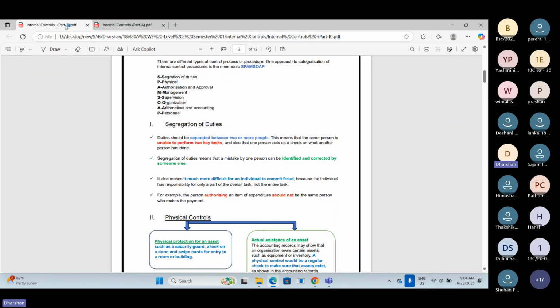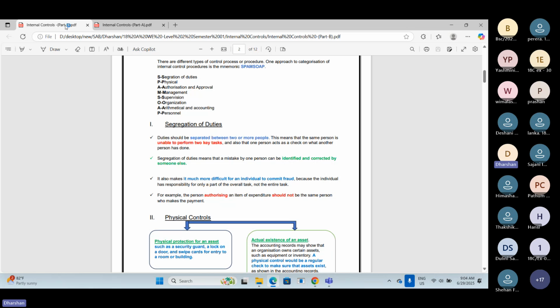So segregation of duties is there. Whichever internal control process you take, you can find segregation of duties. If segregation of duties is not there, that is not a proper internal control.